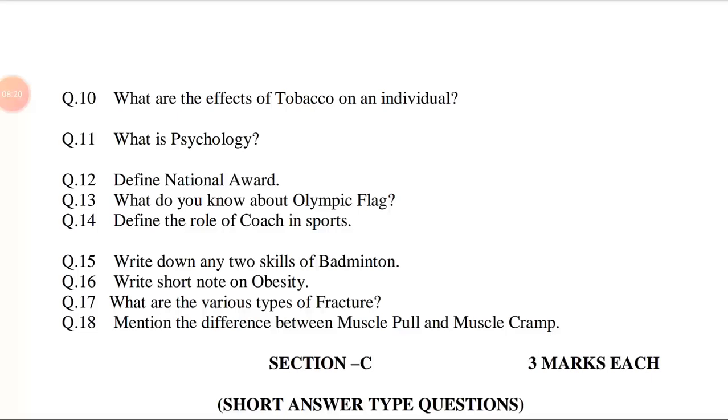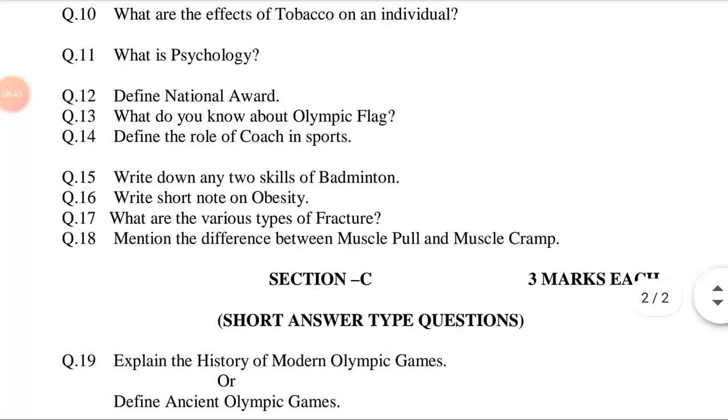About means regarding, concerning. The answer may be who gave the idea of Olympic flag? Who prepared the Olympic flag? What is its color? How many circles and the colors of circles? What is the motto of Olympic flag? In which Olympic Games Olympic flag displayed?